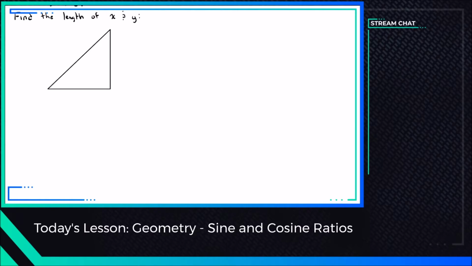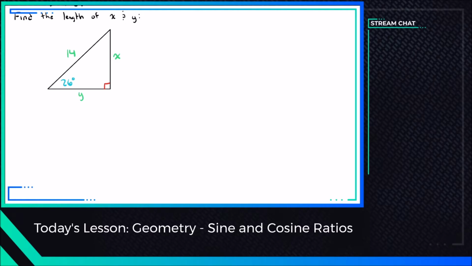And so our triangle is going to look like the following. There's our triangle. We have our right angle right here. We're given the length of the hypotenuse, that is going to be 14. And our x is right there, and our y is right there. And this angle down here is equal to 26 degrees.